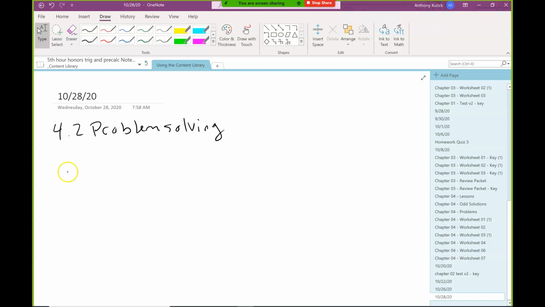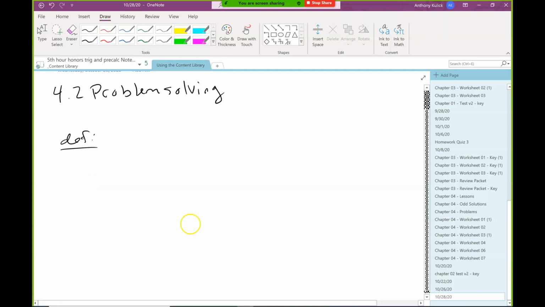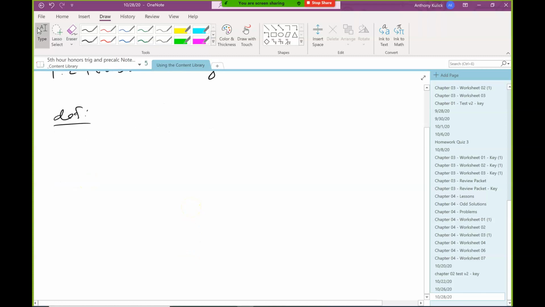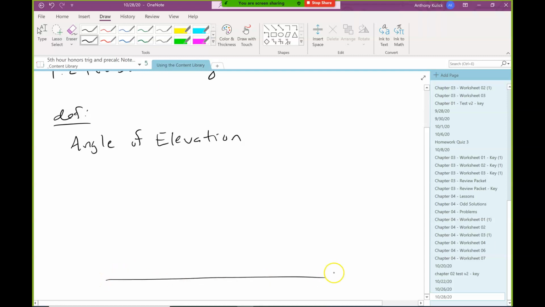Before we do some examples, though, let's define a couple of important phrases. The first is angle of elevation. I'm not going to define this in words. I'm just going to define it with a picture because I think it'll be more useful for what we're going to use this for. So let's say a person on the ground is looking straight ahead. That's their line of sight, and that would be generally parallel with the horizon, or with the ground, if you're standing on flat ground and just looking straight ahead.